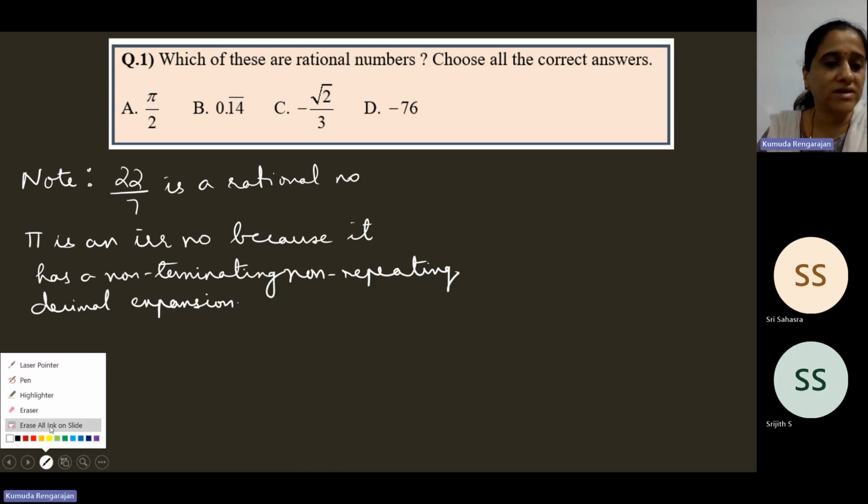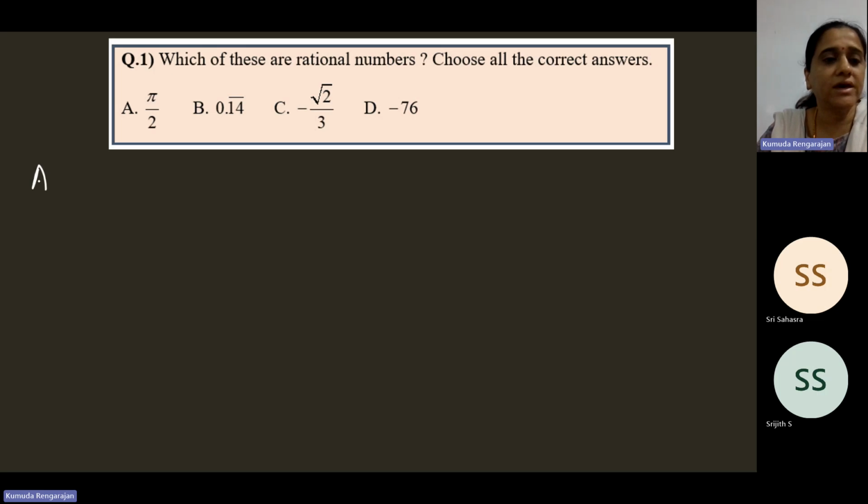Okay. Now let's answer these questions. A, pi by 2. The heading is, which of these are rational numbers? Choose all the correct answers. B and D. Okay. But let's understand all the options. Pi by 2. What is pi by 2?